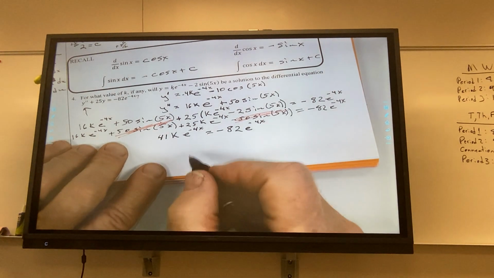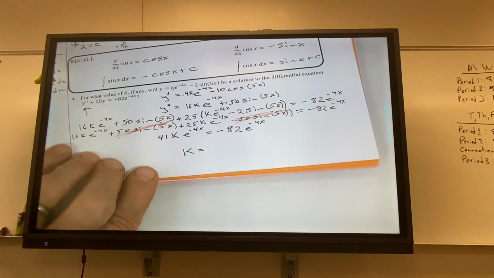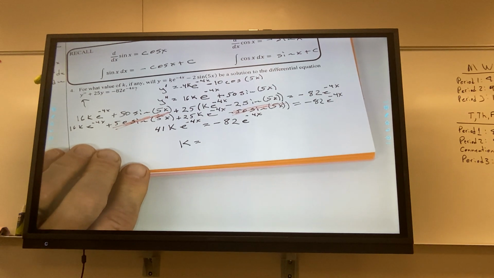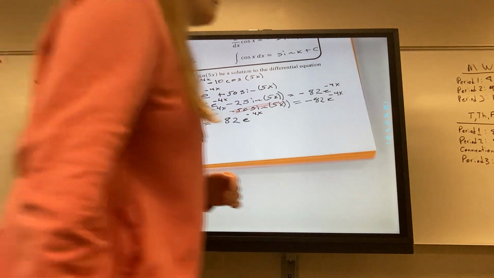Ethan, remember I want to figure out K. Can you? Divide each side by 41. What do you get if I do that?